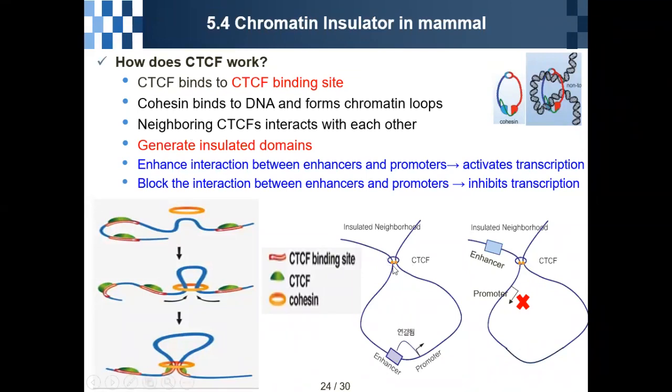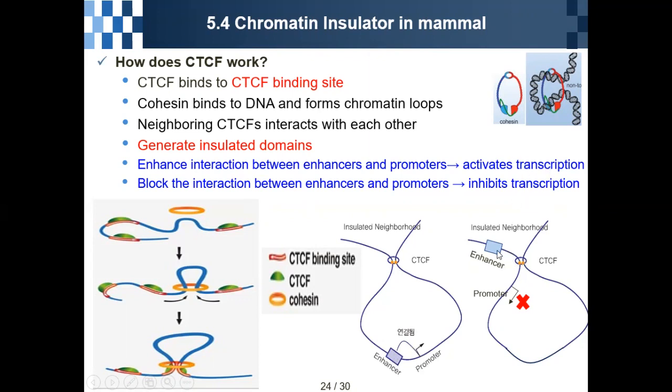When CTCF binds, there will be two cases. One case is like this, and one case is like this. They will make the insulated region like this. When the enhancer and promoter are located nearby, it means enhanced interaction between enhancer and promoter, and they will activate transcription.